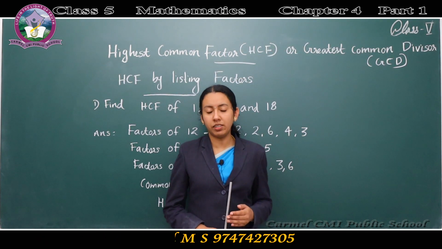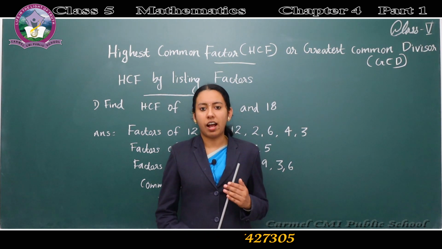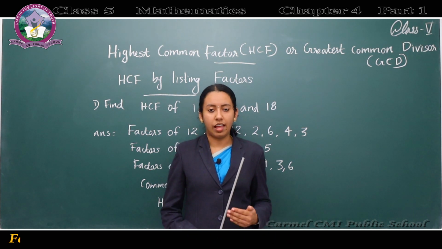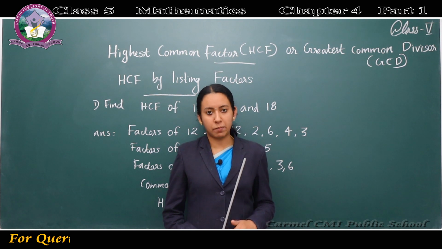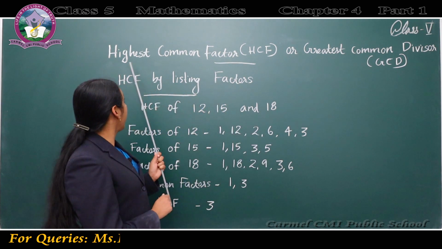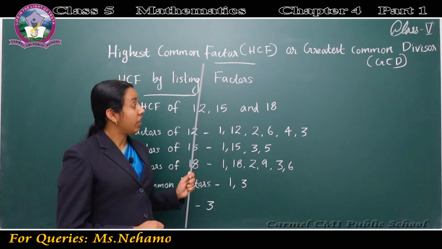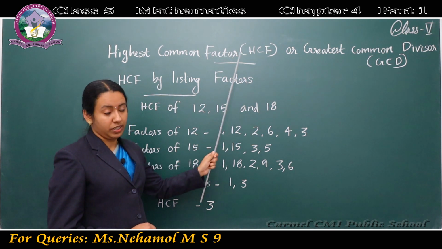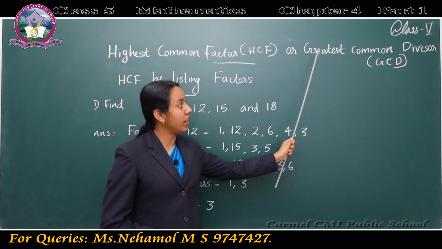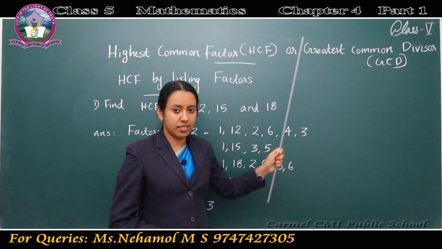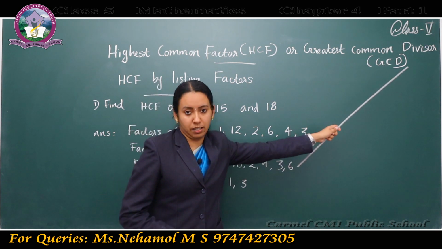So, in this chapter, we are going to study about highest common factor and least common multiple. First one, highest common factor, HCF. It is also known as greatest common divisor or GCD.